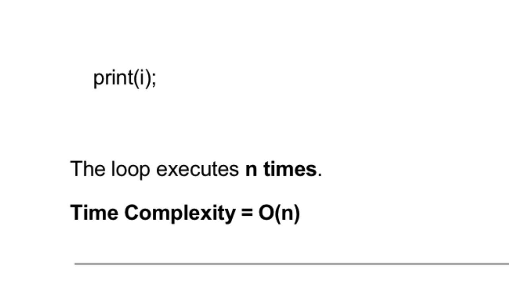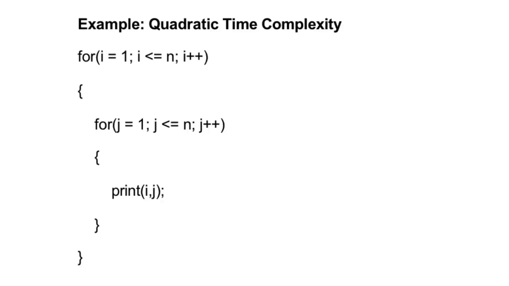Next we move to another example, a quadratic time complexity example. Now there is a program: for i equal to 1, i less than n, i plus plus, then for j equal to 1, j less than n, j plus plus, print i j.